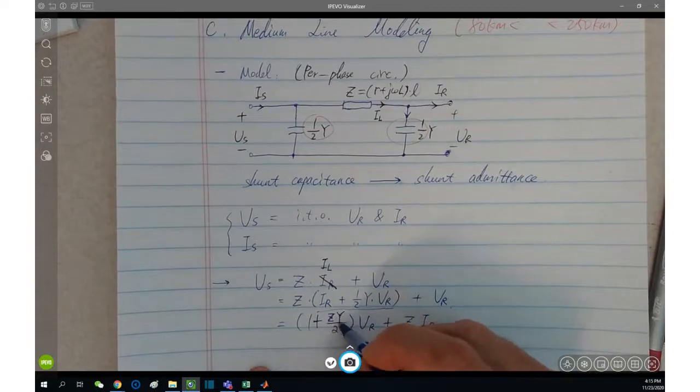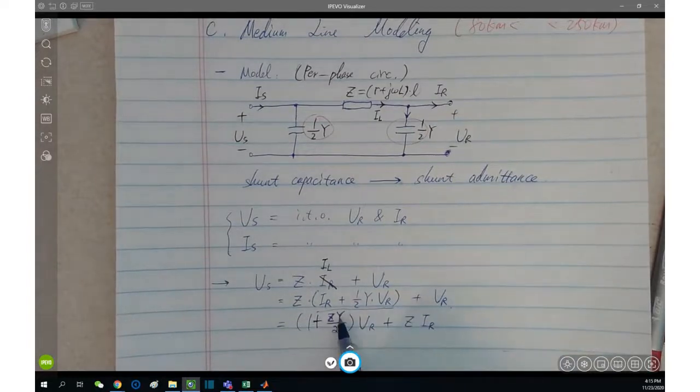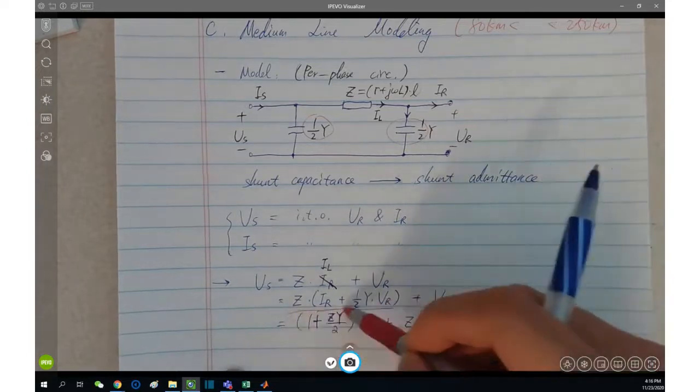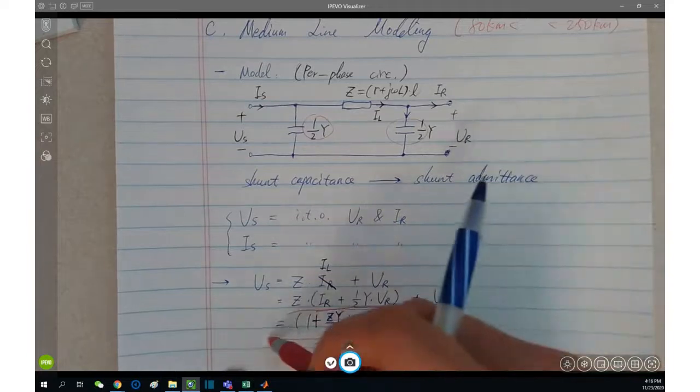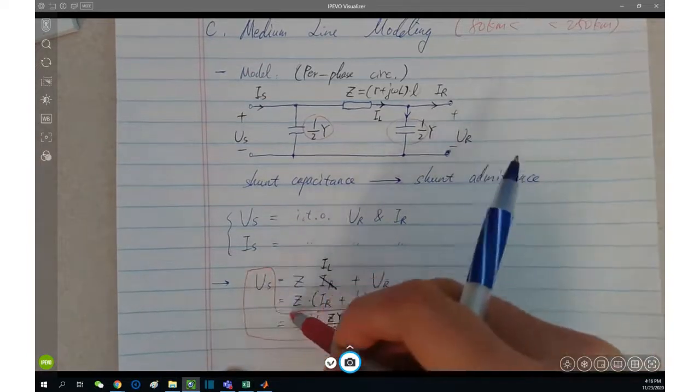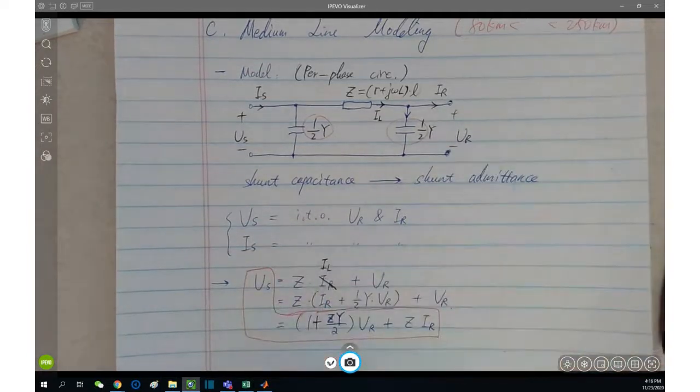Be very careful here: capital Z and capital Y, the line impedance and line admittance, and the product between them. This is one equation you will definitely use, VS equals this. Once again, the idea is to find VS, the sending end voltage, based on the receiving end voltage and current.